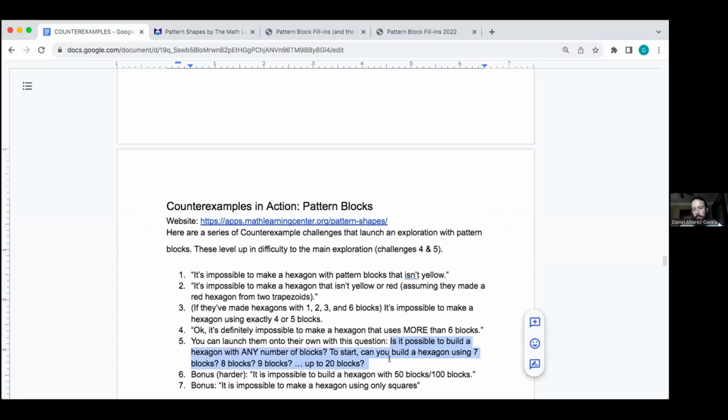So, for example, before you do that, challenge 3 was making hexagons with 1, 2, and 3 blocks. So let's see if you can make a hexagon with 4 blocks. So let me say it is impossible to make a hexagon with 4 blocks. Can someone prove me wrong?